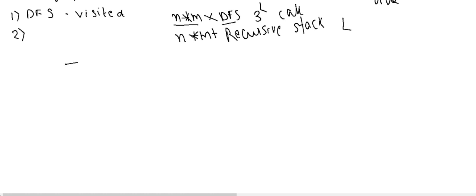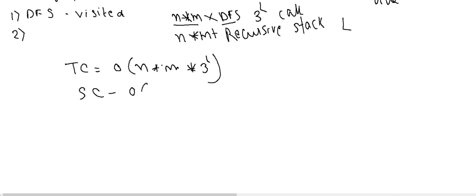So our time complexity will be O of n times m times 3 raised to L, and our space complexity is O of n cross m plus L, right? So that's that. And let's look at the pseudocode, and then I'll write the code for this problem.